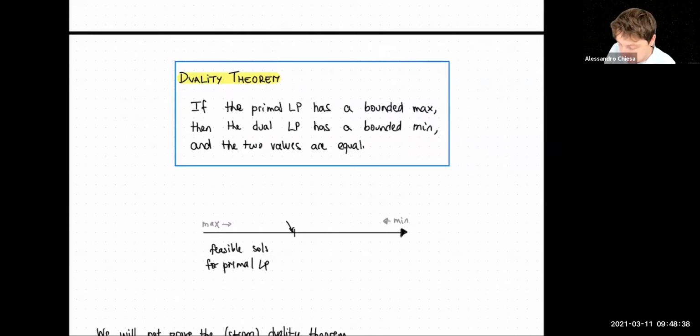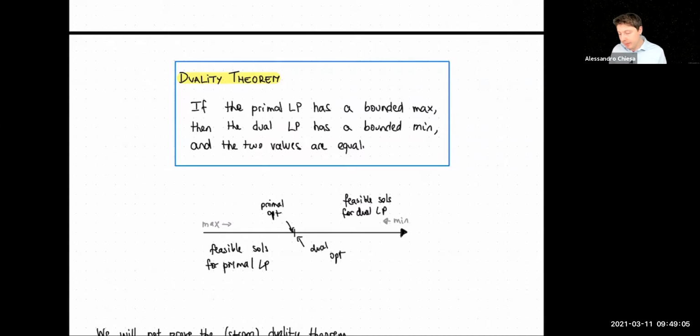So there's a primal optimal. That is the maximum we can ever achieve. And on the other side, we have the feasible solutions for the dual LP. Not all of them equal the maximum, of course, only the dual optimal, okay?